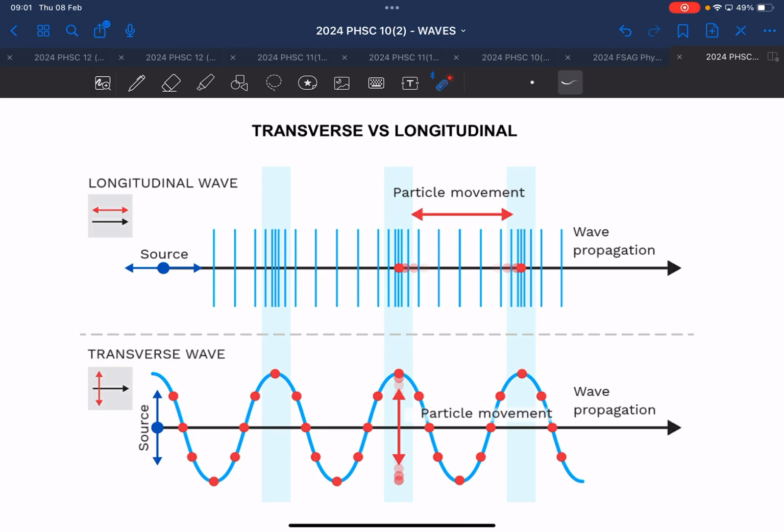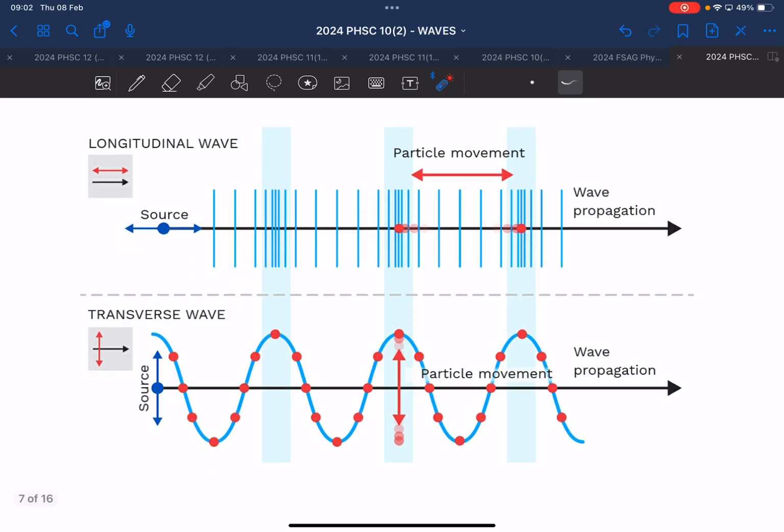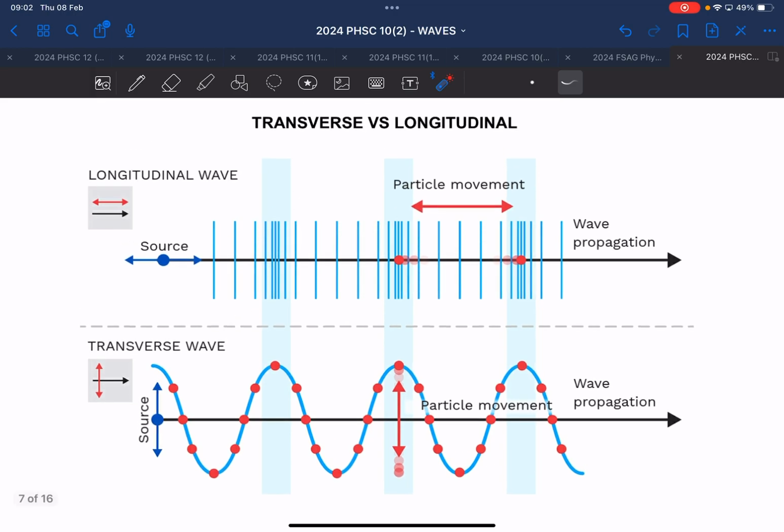Now, the problem is, it's very difficult to get information from a longitudinal wave. How will you get the amplitude? The period? The wavelength? It's quite difficult, because it's hard to pick out the particles.